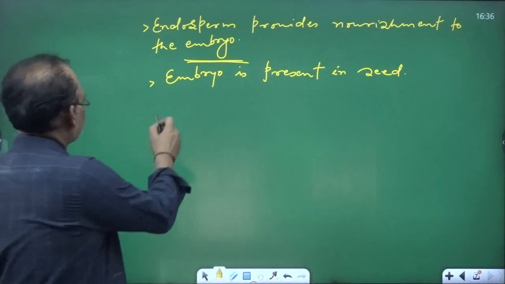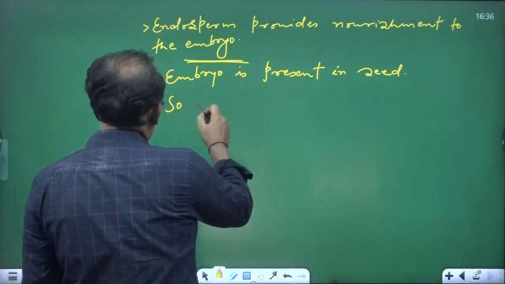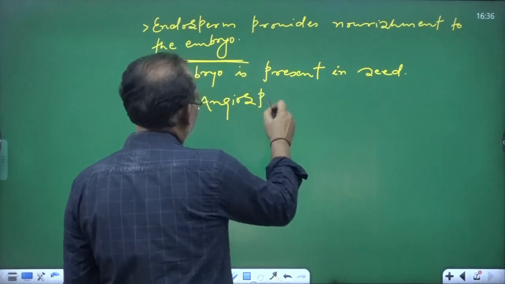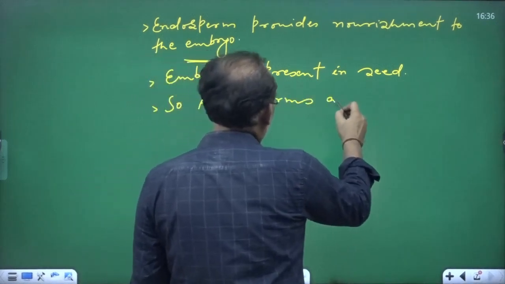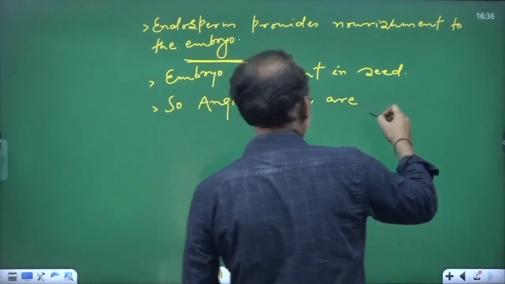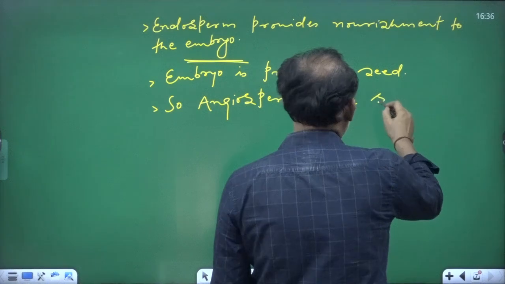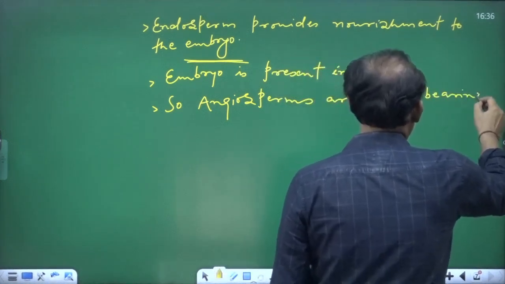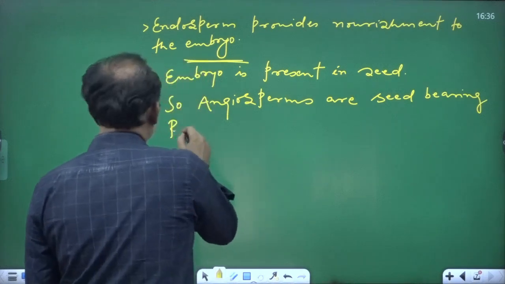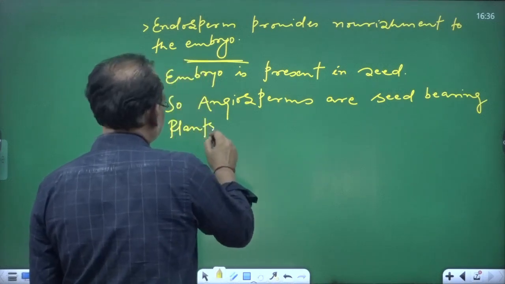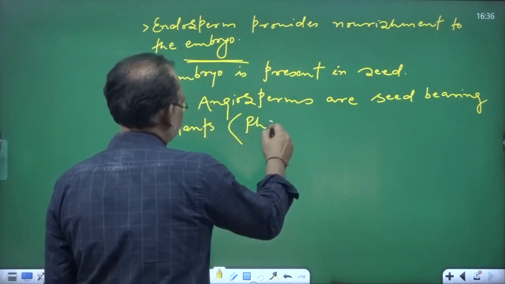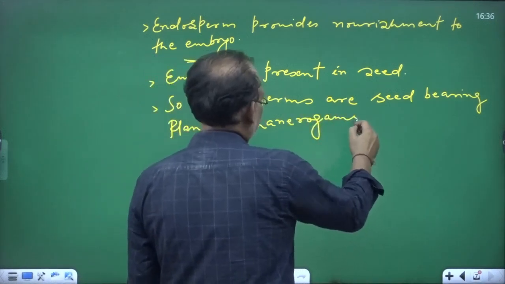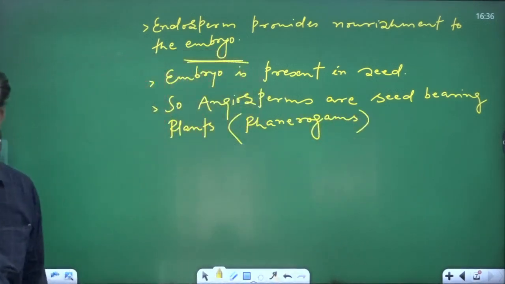So angiosperms are seed bearing plants, and seed bearing plants are called phanerogams. Right?